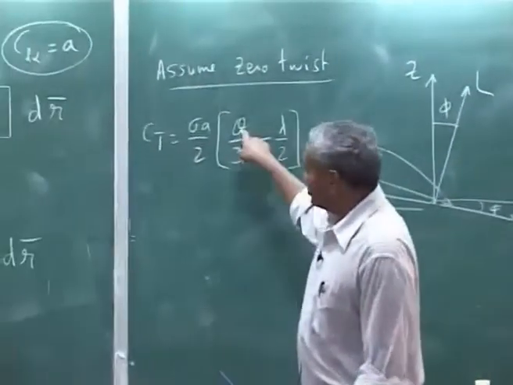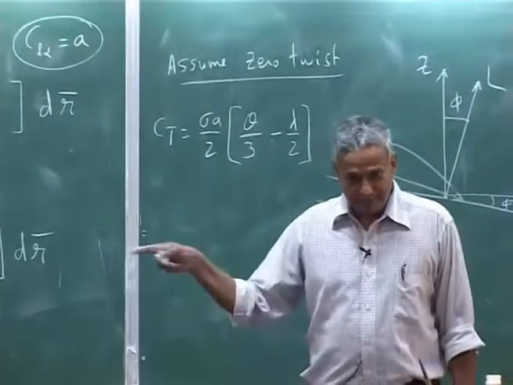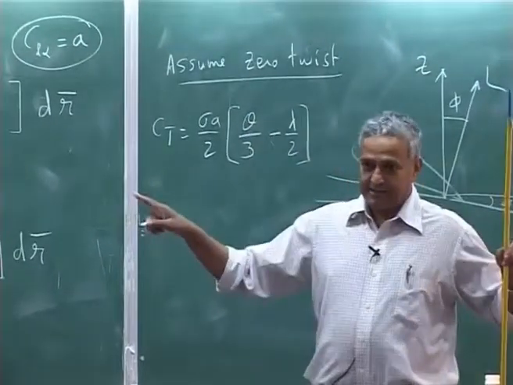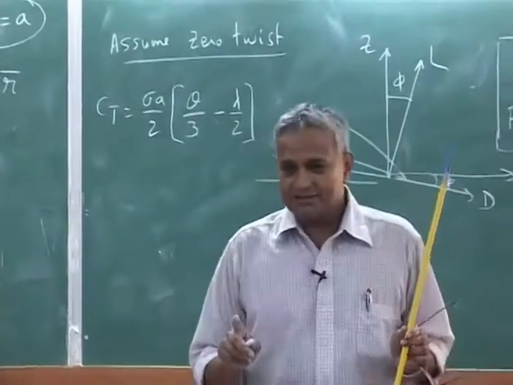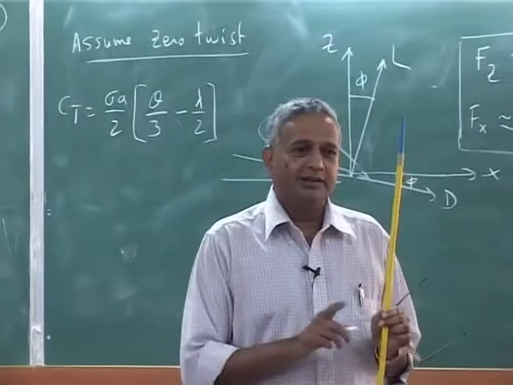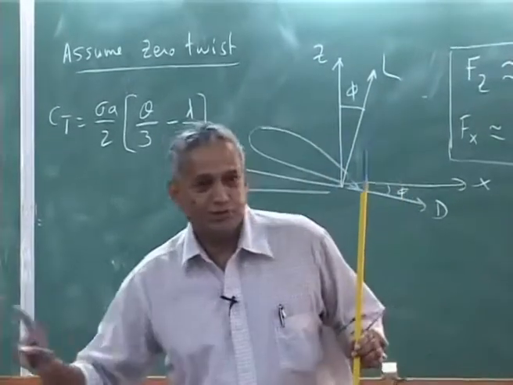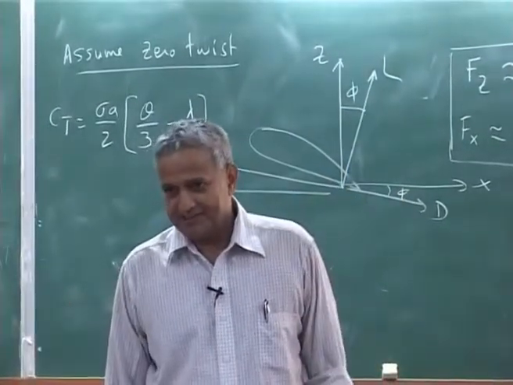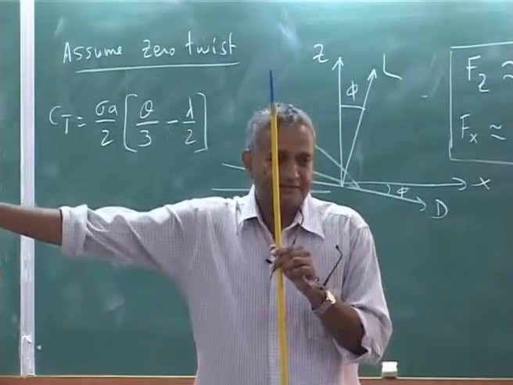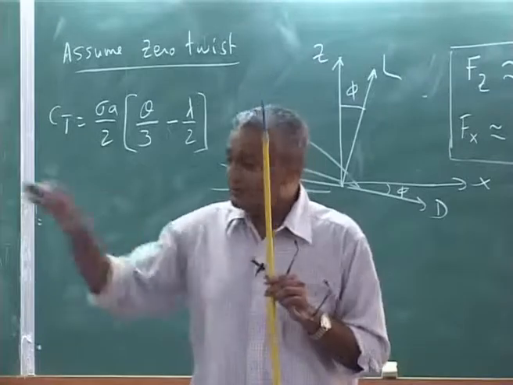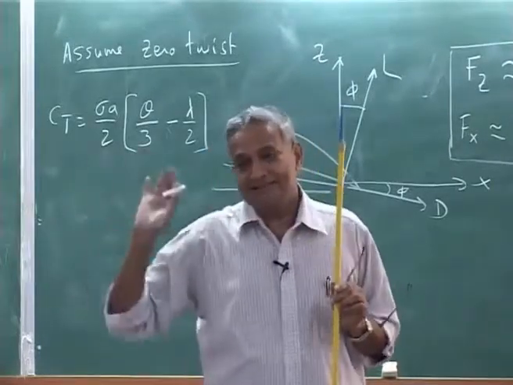If you have a twist built in the blade, then you have to take that into account. Usually rotor blades, they do with a linear twist. Linear twist means the angle theta varies linearly from root to tip with a reduction.